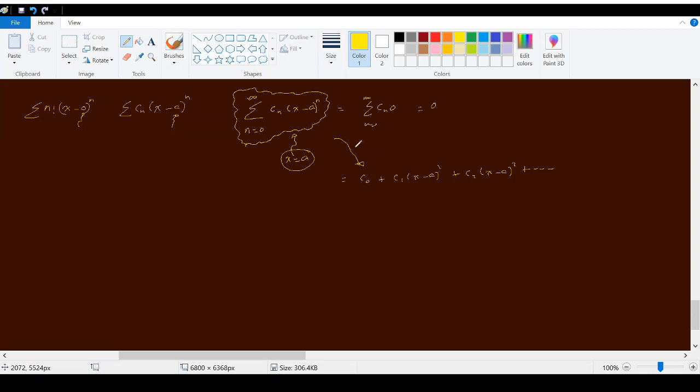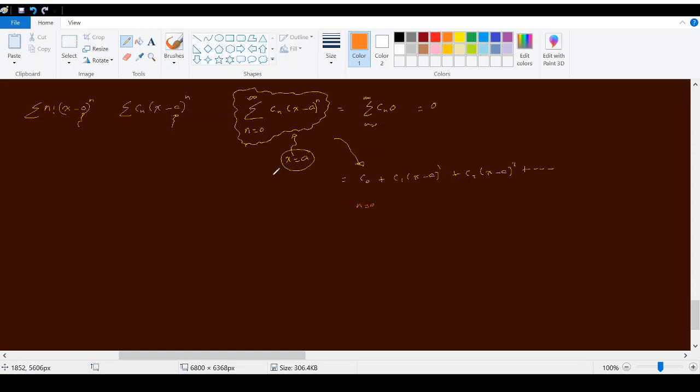So here you should observe that for the 0th index you don't have any x minus a term. That is, the 0th index is the starting position, and there you don't have any x minus a term.